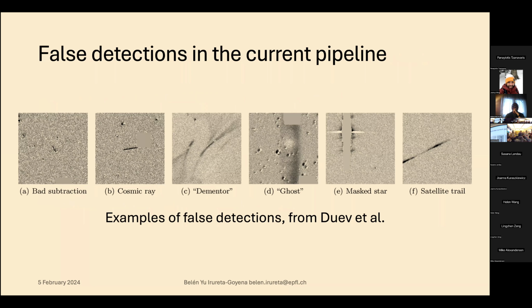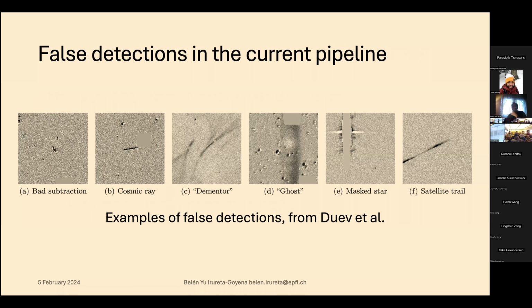Right, so the very first algorithm just detects any streak-like features. Sometimes they can be just the result of batch abstraction in the difference imaging. They can be cosmic rays, or some optical aberrations that they call here dementors and ghosts. If you have a very bright star, it's normally masked by the difference imaging process, but if it's very, very bright, it's going to have flares that look like streaks.